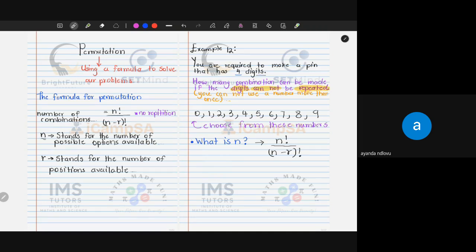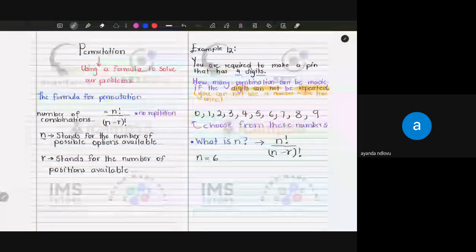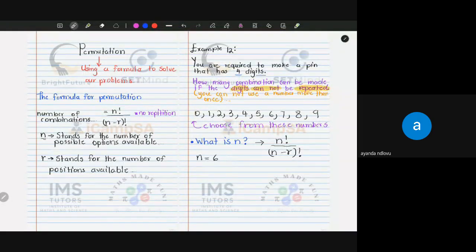In the interest of time, I'm just going to give you our N here is going to be 6. And then the next thing we should ask ourselves is what is R? If we want to use that equation, R stands for the number of positions available.